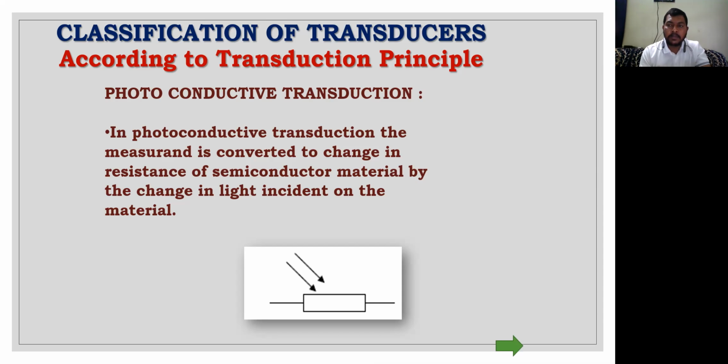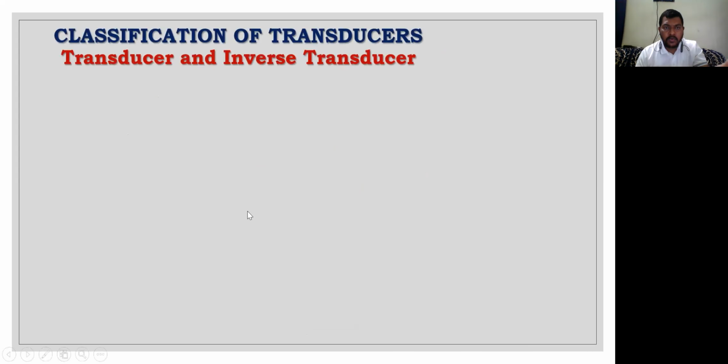The main concept is that as you go on increasing the intensity of light, the resistance varies, right? The example is LDR, light dependent resistance. Depending on the intensity of light, the resistance of that particular transducer varies.